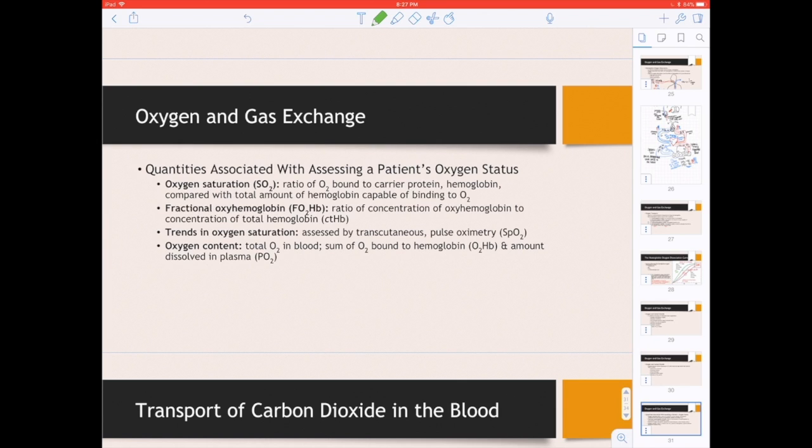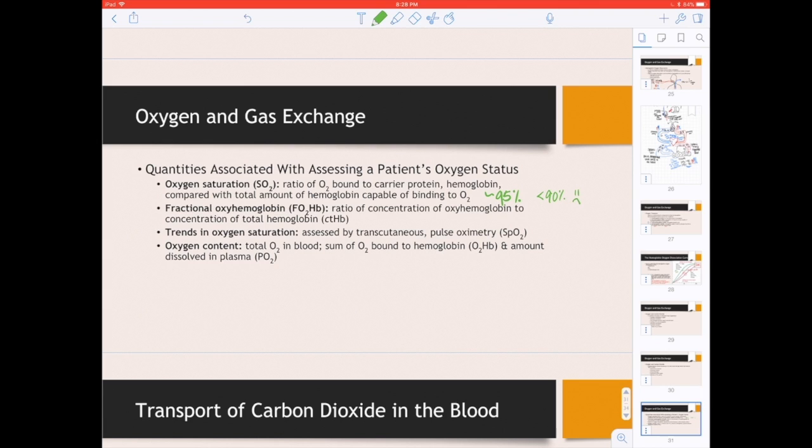Oxygen saturation, or SO2, that is how much oxygen is bound to hemoglobin compared to the total amount of hemoglobin capable of binding to O2. And we like to see that number around 95%. That's definitely good. If we start to dip below 90%, that's not good. So we want to see that number above 95%.